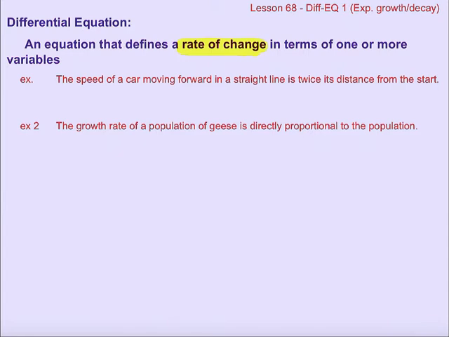So look at the first example. The speed of a car moving forward in a straight line is twice its distance from the start. So let's think about what variables we have here. We have the variable distance, call that D. We also have another variable that doesn't exactly show up here, but we're talking about a car moving over time, so it makes sense that time would be another variable to deal with in this problem.